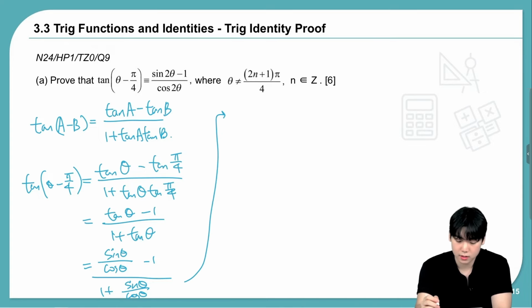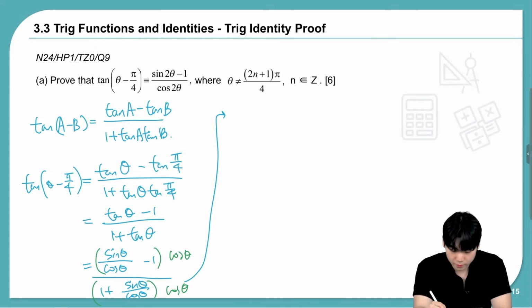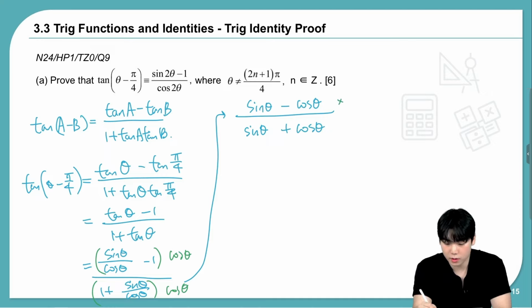I'm running out of space. To expand this, then I have sine theta minus cosine theta over sine theta plus cosine theta. And here what I'm going to do is multiply, again, both top and bottom, by sine theta minus cosine theta.